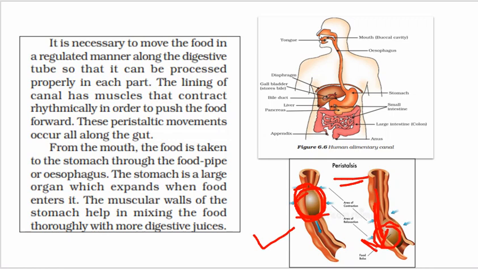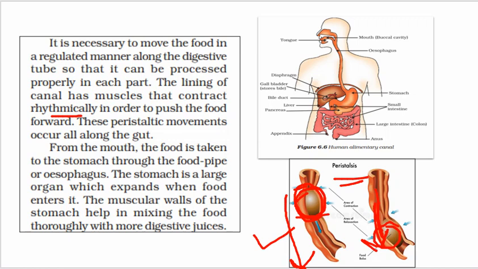I repeat one more time: the lining of the canal has muscles and they contract rhythmically in order to push the food in the forward direction. This peristalsis movement occurs along the gut, and then the food goes into the next organ.